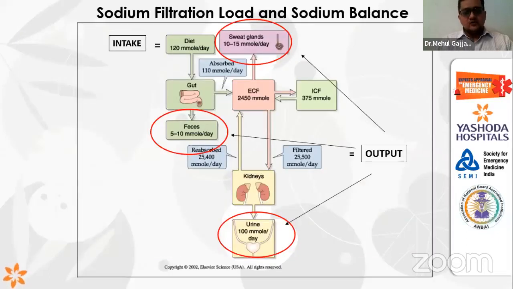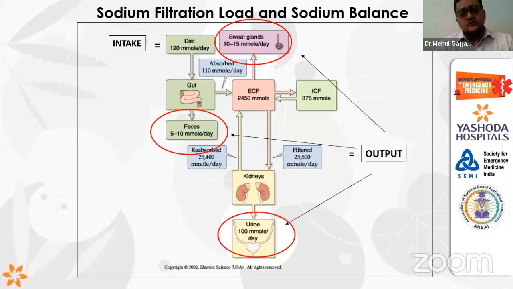Coming to sodium metabolism, out of 120 millimoles of sodium that is consumed, only 5 to 10 millimoles per day is excreted in feces. All the rest is reabsorbed into extracellular fluid. Of the sodium in extracellular fluid, only 10 to 15 millimoles is excreted in sweat glands.